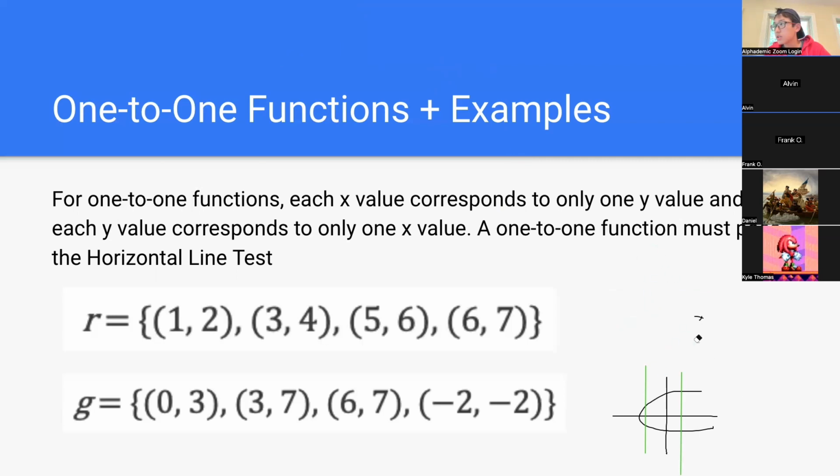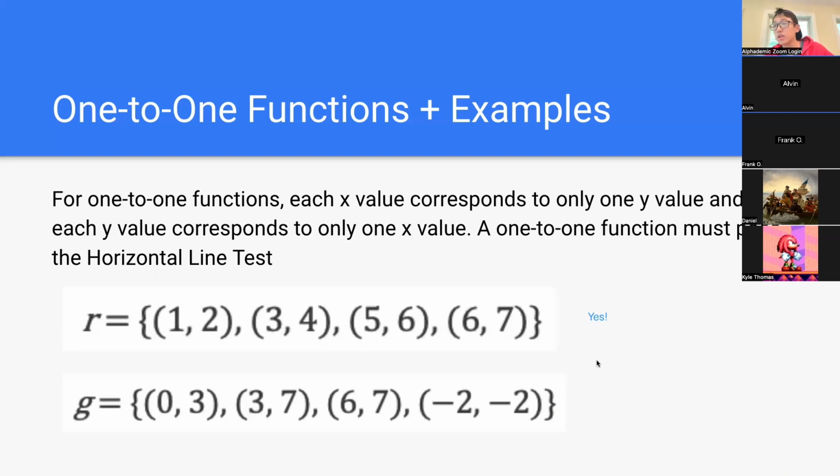All right, so these are two examples of functions. So we have function R, and here are some of the points that function R goes through. So we have 1, 2, 3, 4, 5, 6, 6, 7. Here we would have to determine if it is a one-to-one function, and the answer is yes, it is a one-to-one function.